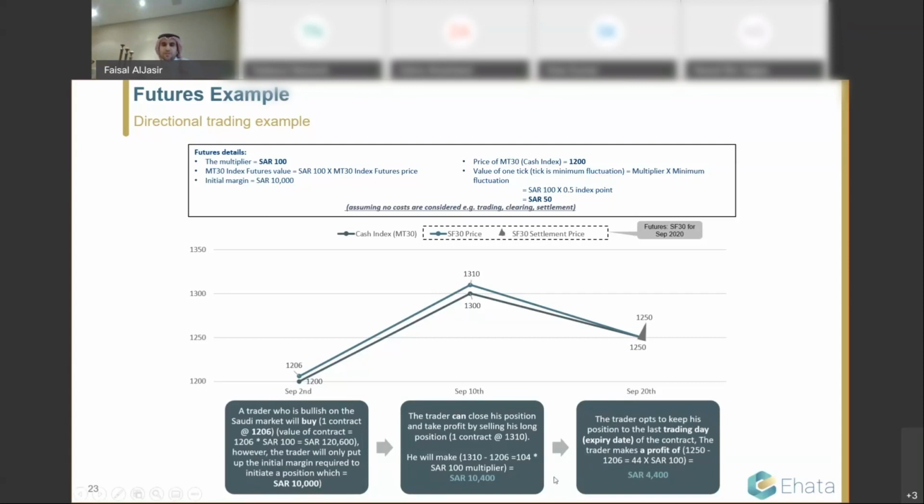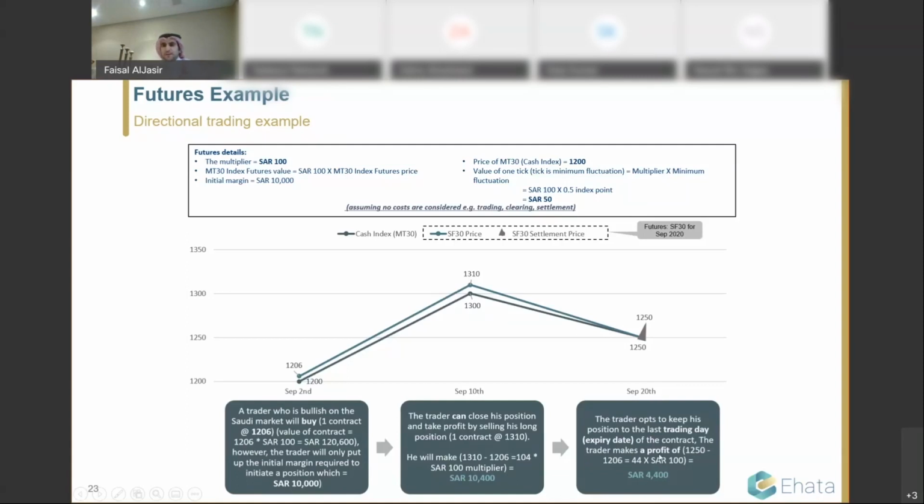That's the difference. You multiply it by the multiplier, and you get a profit of 10,400. You do profit because you're a buyer, and that's a profit that is not related to the initial margin that you have put. You put 10,000 riyals on September 2nd, and this profit is in addition to that. So what happens at expiry?